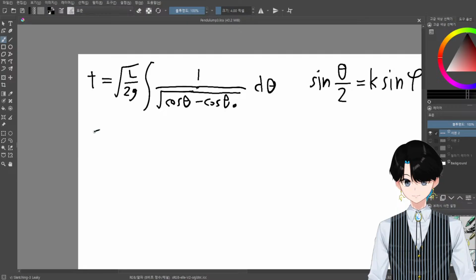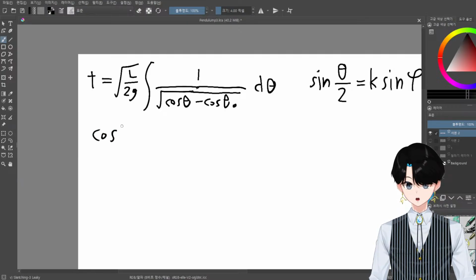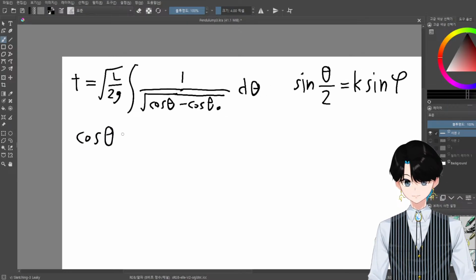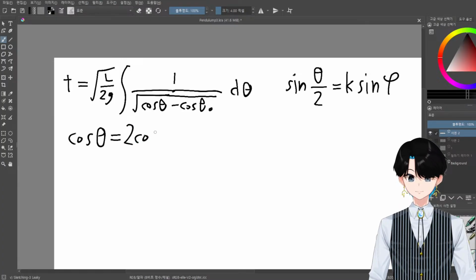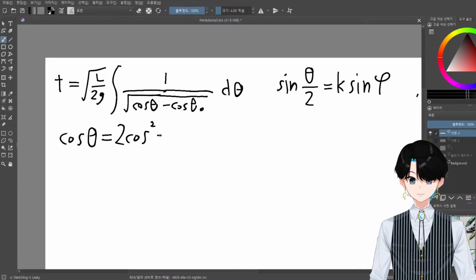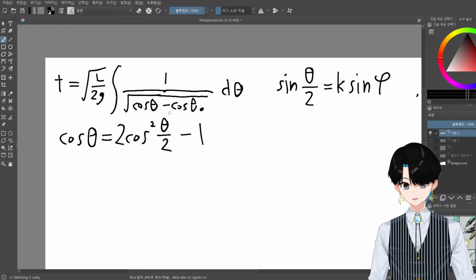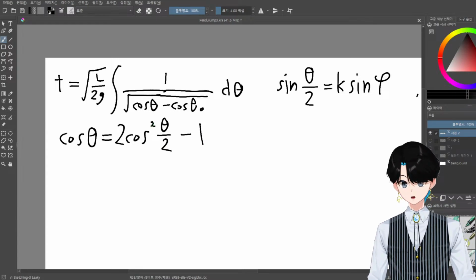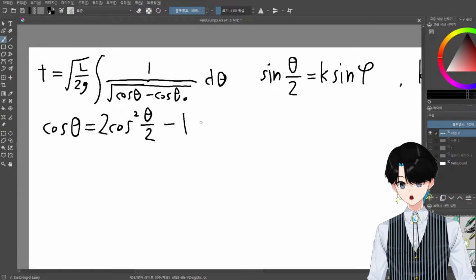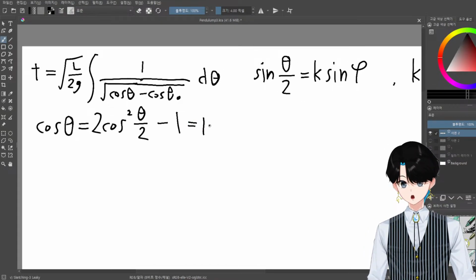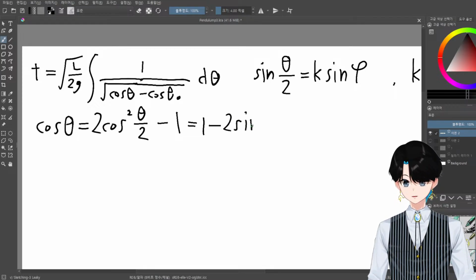And we all know that cosine theta is equal to 2 cosine squared theta over 2 minus 1. And we're going to use this on this equation right there, which is exactly this one.